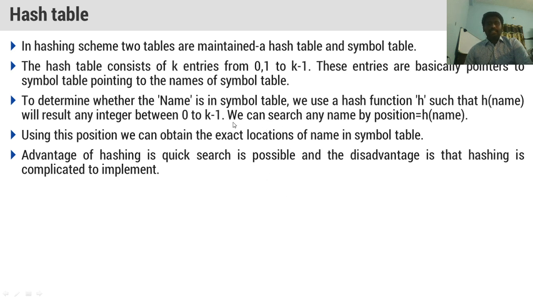Based on the index, we can directly go and access the particular record using the hash table mechanism. There is also a disadvantage of using hashing: this particular method is very difficult to implement. Otherwise, the searching process will be easier. That is the advantage of the hashing mechanism.